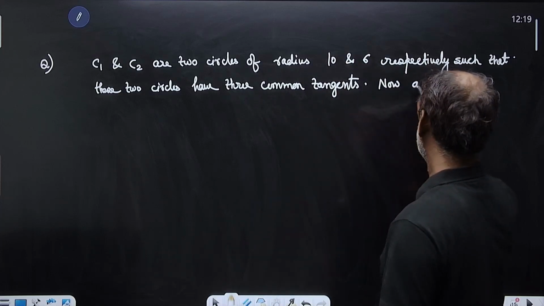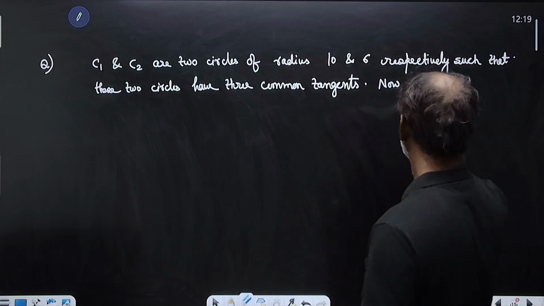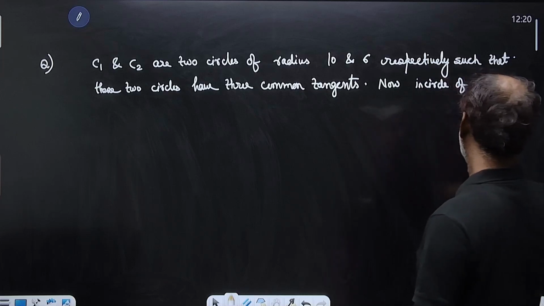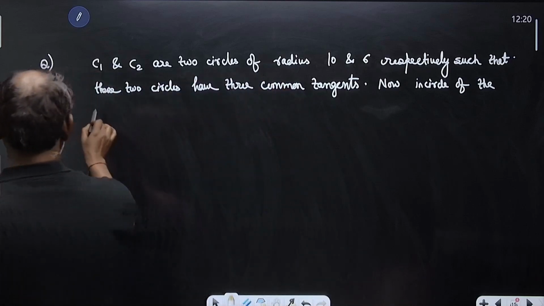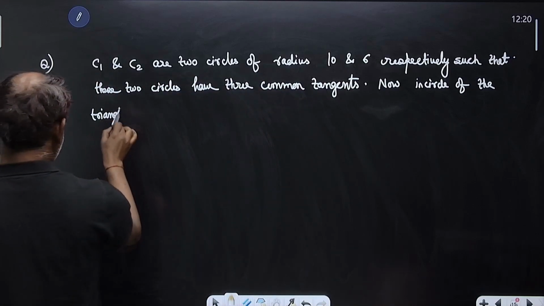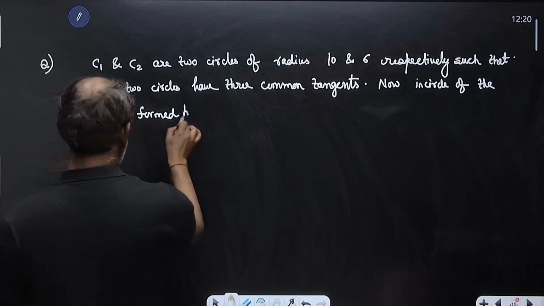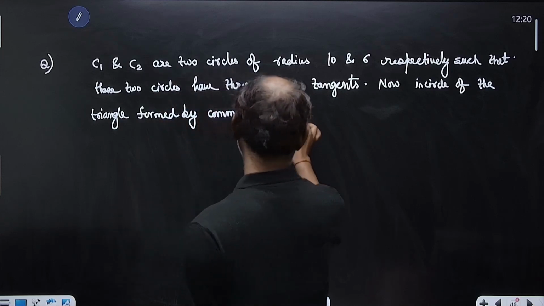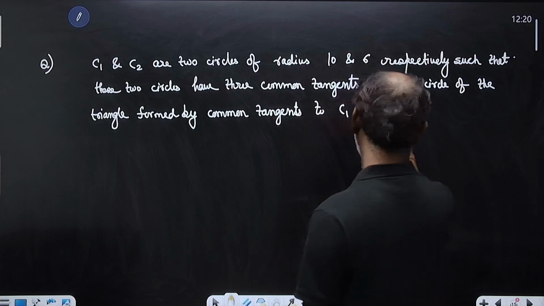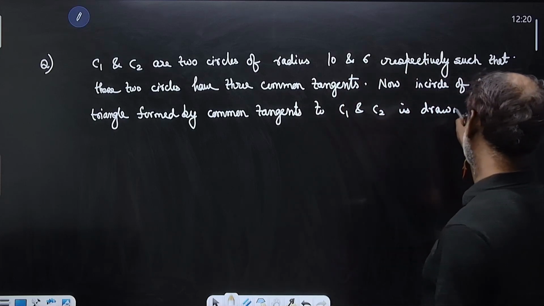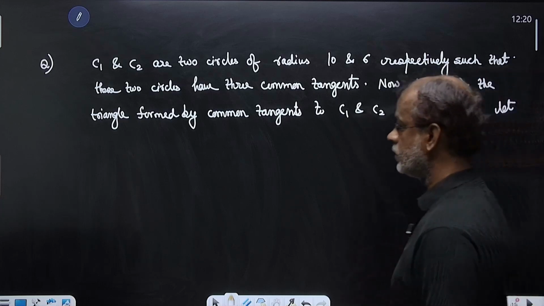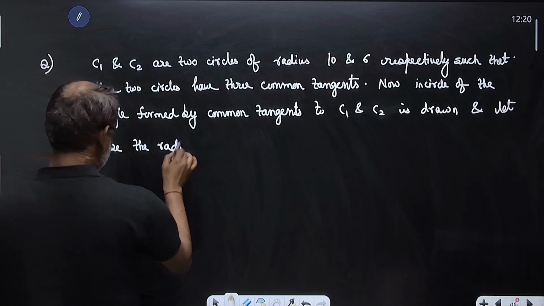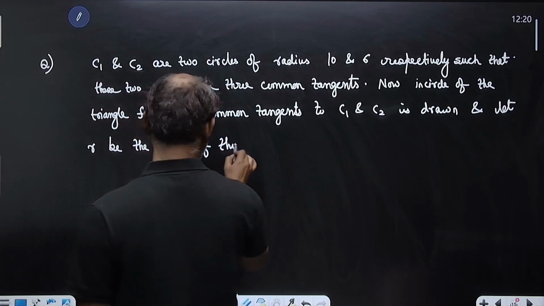Now, the incircle of the triangle formed by the common tangents of C1 and C2 is drawn, and let R be the radius of this incircle.